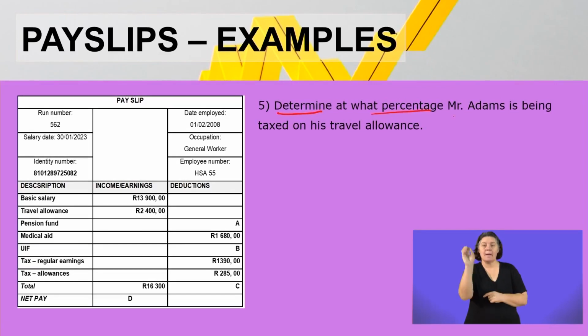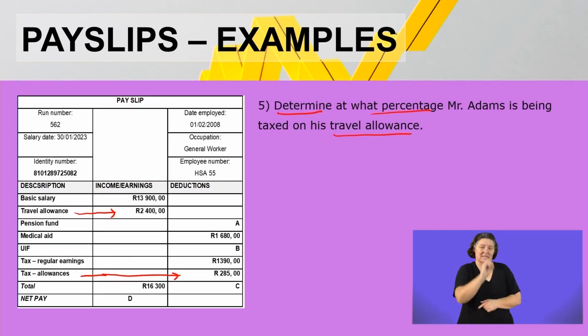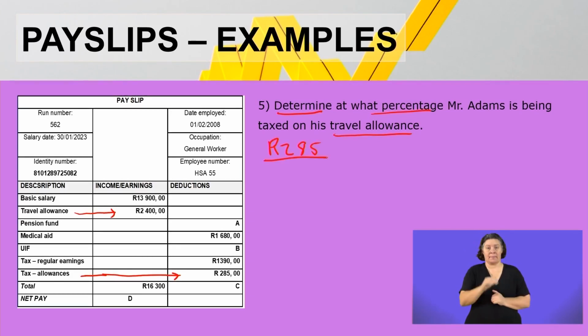Question number 5. It says determine at what percentage Mr. Adams is being taxed on his travel allowance. So let's look. There is his travel allowance, and here is what is being taxed on his travel allowance. Important in this question, what percentage? So I'll take the 285 rand. I divide that by his travel allowance of 2,400 rand.